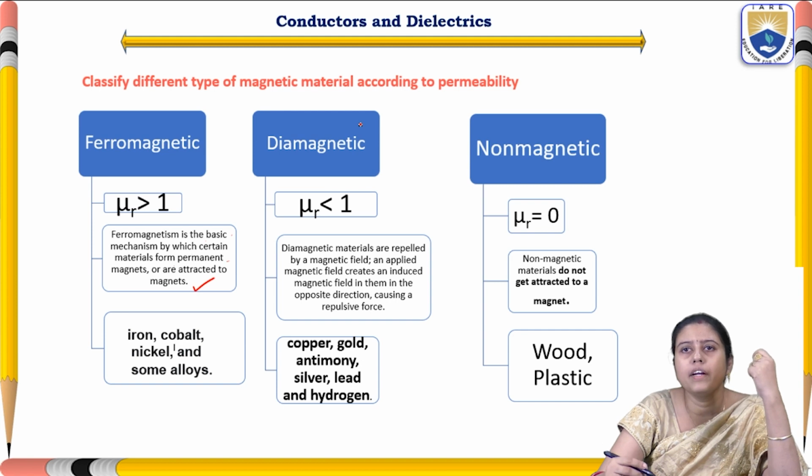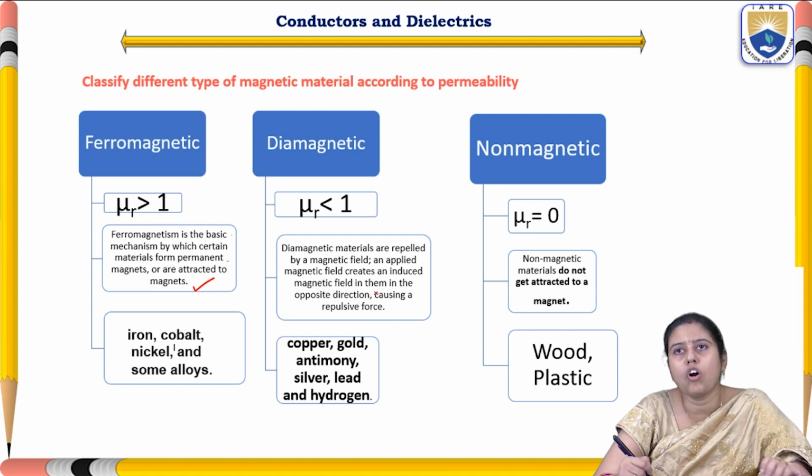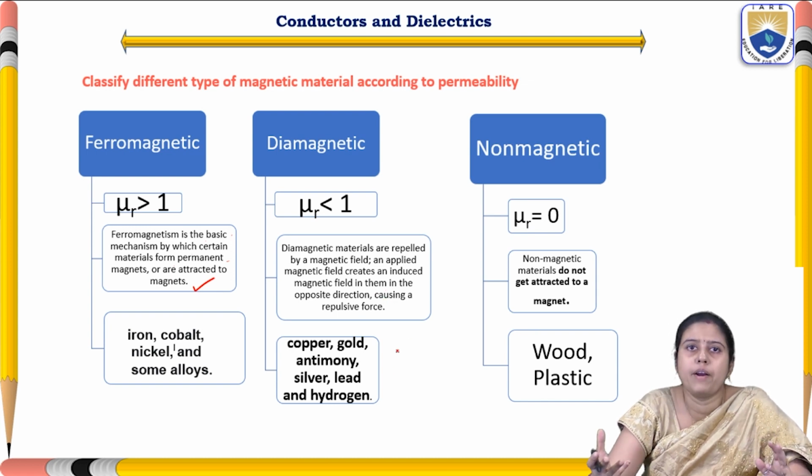What is the meaning of the diamagnetic material? As the name suggests, diamagnetic materials are repelled by a magnetic field, and the magnetic field creates an induced magnetic field in them which is opposite in direction, causing a repulsive force. So it is not a permanent magnet.